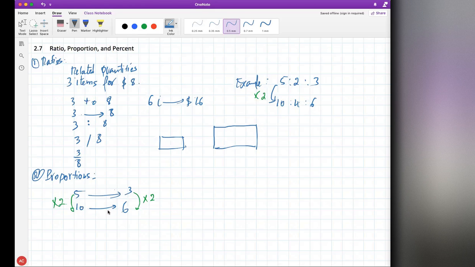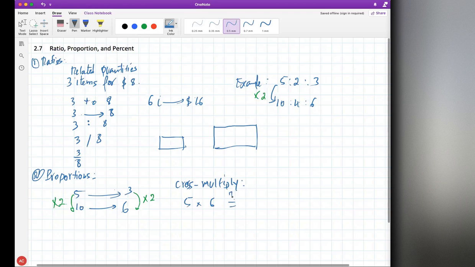So a ratio and a ratio, they form a proportion only if we cross multiply them and we get equal quantities. Let's see how to do that. So if two ratios are proportional, that means if we cross multiply them, we should get the same value. So 5 times 6 must be equal to the other multiplication.